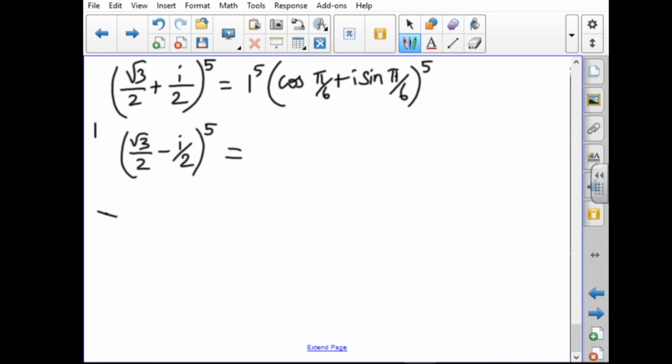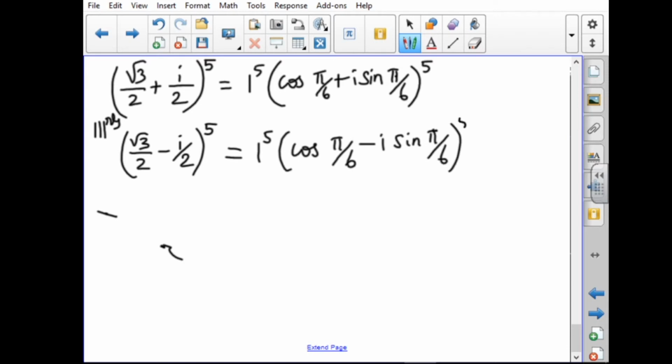Similarly, we replace i by minus i. So we get 1 to the power 5 into (cos pi by 6 minus i sin pi by 6) whole to the power 5. So this can be rewritten as cos 5 pi by 6 plus i sin 5 pi by 6. Similarly, here we can write it as cos 5 pi by 6 minus i sin 5 pi by 6.